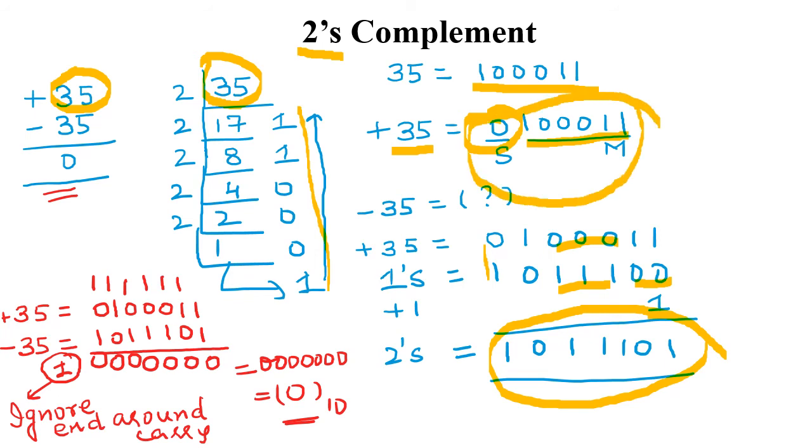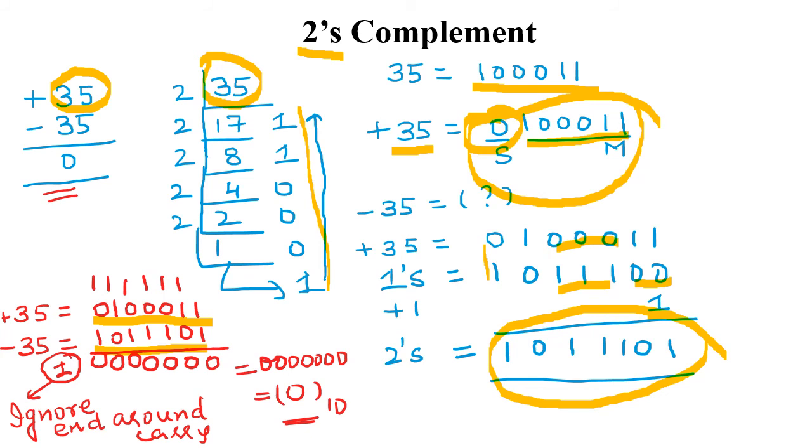Now, if we add plus 35 and minus 35 in 2's complement form, we write here plus 35, which is equal to 0 1 0 1 1, and minus 35 is 1 0 1 1 0 1.